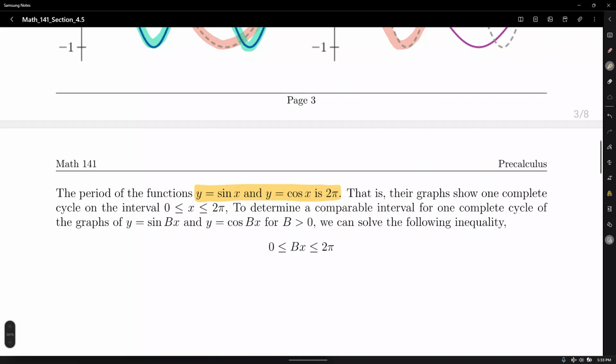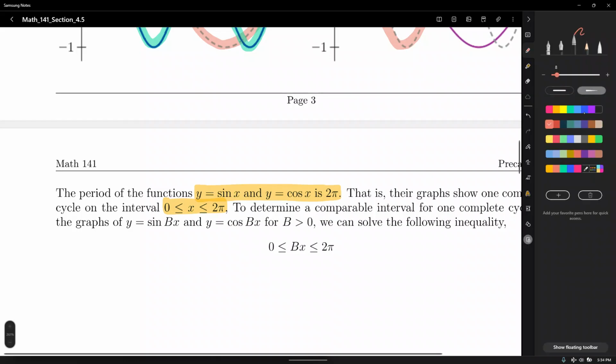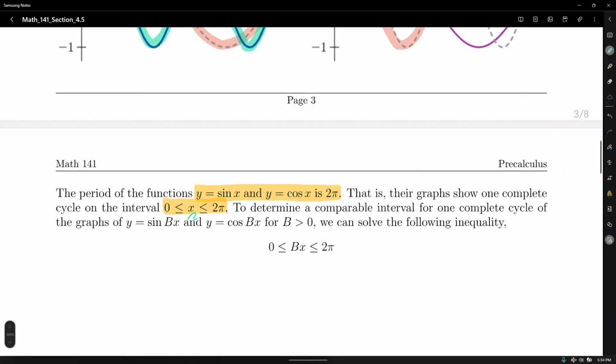Now, again, that is when the graphs show one complete cycle, that is in the interval 0 to 2 pi. All right. So to determine the comparable interval for one complete cycle of the graphs sine bx and cosine bx, for b being positive for now, we will rewrite this period in terms of an inequality by replacing x with bx.